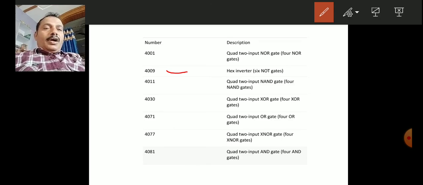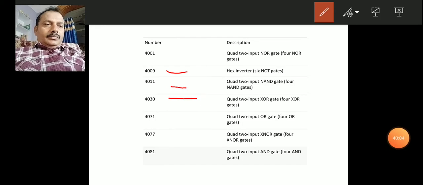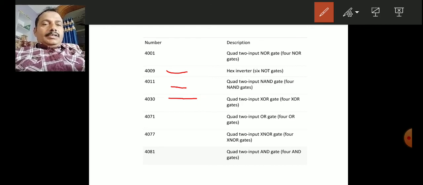4011, quad 2 input NAND gates. So this is for NAND gates, 4 NAND gates. 4030, quad 2 input XOR gates. That means 4 XOR gates are manufactured in 4030. Now 4071, this is the quad 2 input OR gate.